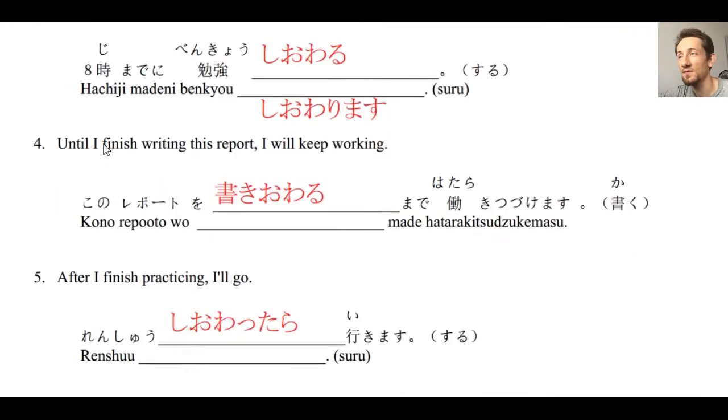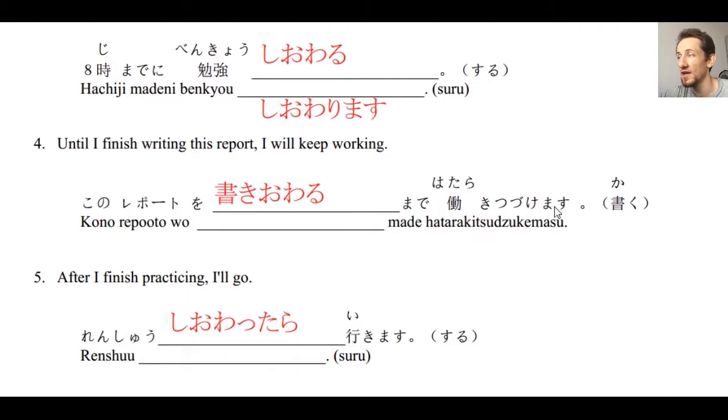Number 4: until I finish writing this report, I will keep working. このレポートを書き終わるまで働き続けます. Here we have 書き終わる in the dictionary form combined with まで. So until I finish writing, 書き終わるまで.